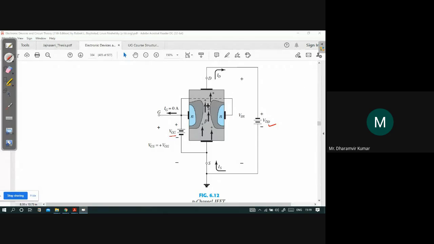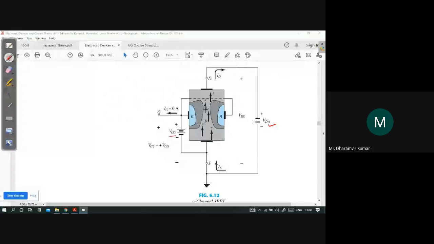Now the current between drain and source will not flow automatically. It will flow only when there is a potential applied between drain and source. This potential, that is VDD, is responsible for the flow of current. Only when we connect a VDD, then a current will flow in the channel. And the spacing will determine the amount of current that will flow.